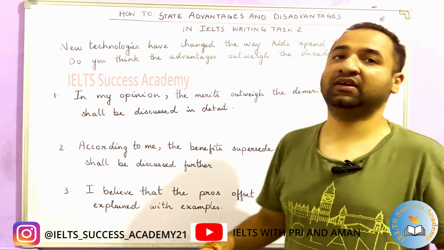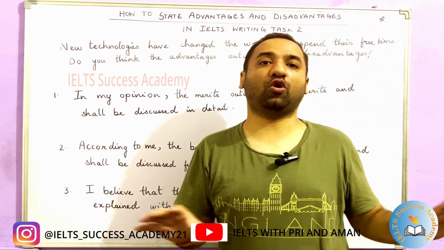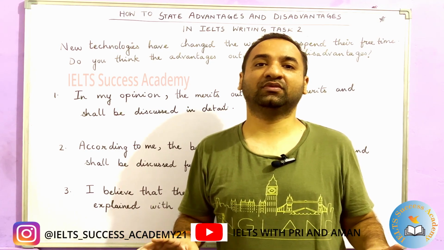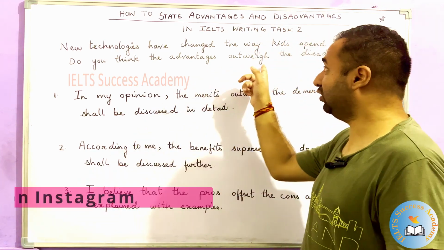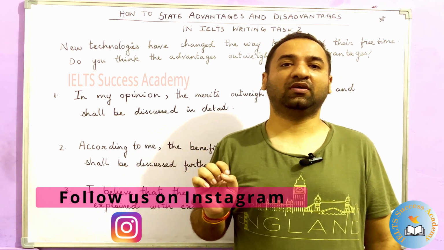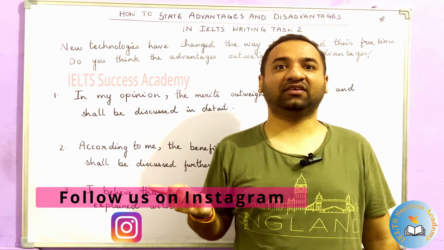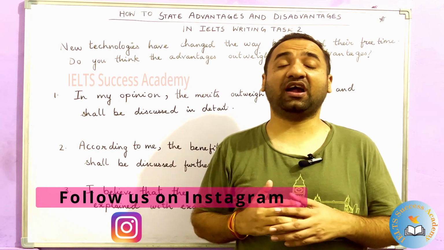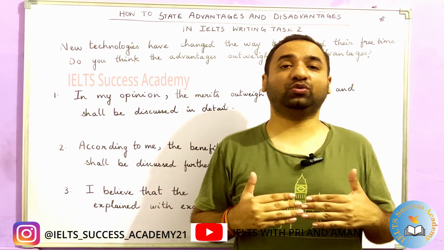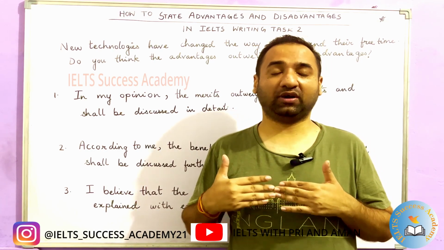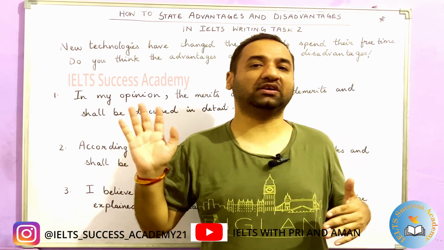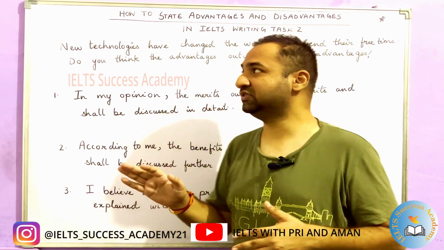Nowhere is it written that there are no cons, no demerits. Please do not write that there are no disadvantages, because if you do that, then you are basically undermining the question itself, and you will not be able to complete the band descriptor. You will not get good marks. Just do not write the fact that there are no disadvantages.